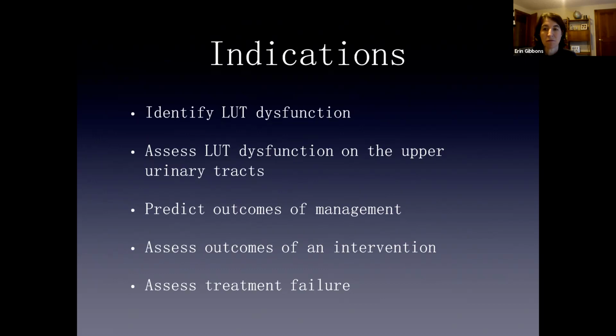In certain interventions, things like Botox, certain different neurologic conditions, we might want to assess if our treatment made any difference. And then obviously when something just isn't going right, maybe you tried a medication or a surgical intervention and you're not getting the results you expect, or the patient isn't getting the results that they expect, you can use urodynamics to assess that as well.